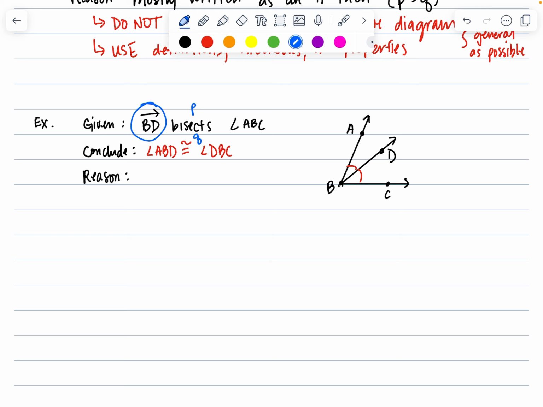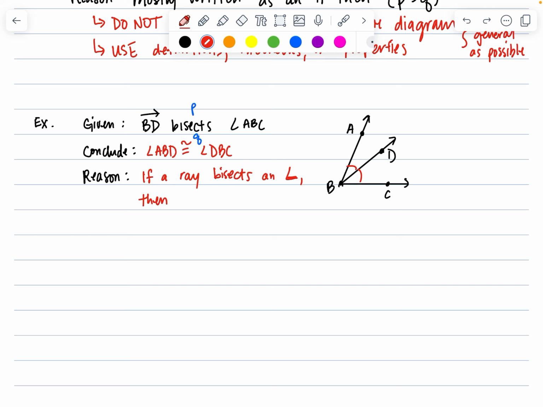So if you notice, BD represents a ray. So we're going to actually call this if a ray. Keyword here is bisects. And then remember, we don't want to be specific. ABC represents an angle. So we're going to say an angle. Notice I'm going to shorthand angle as the symbol angle. The conclusion is the then. So then, what does this ray do?